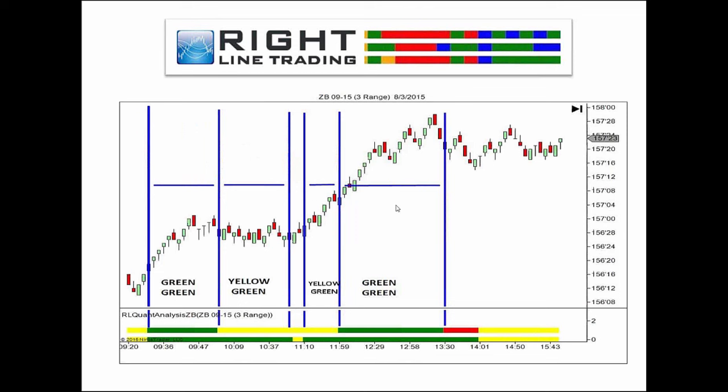Now, here is the other indicator that's critical, and we call it our quant analysis indicator. What this indicator does is, we know that certain markets move up in concert with bonds when bonds move up.